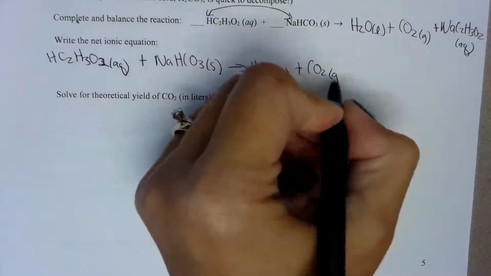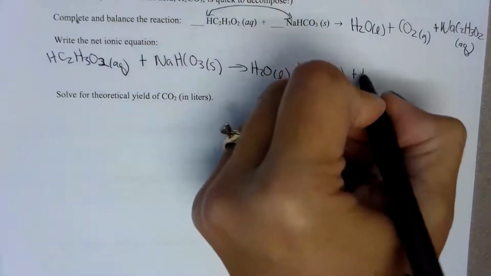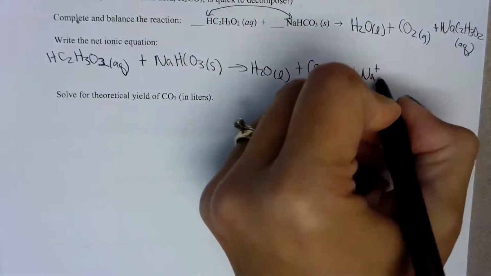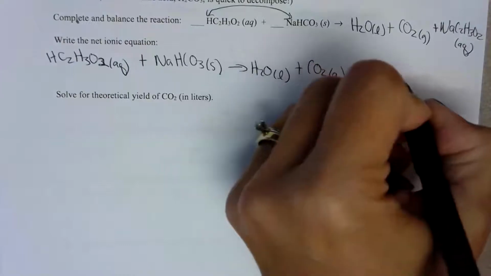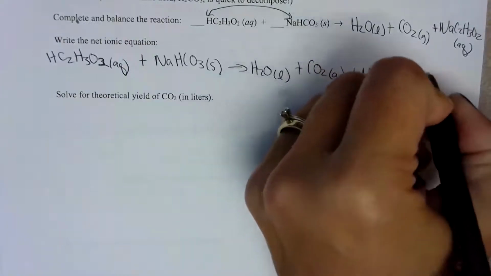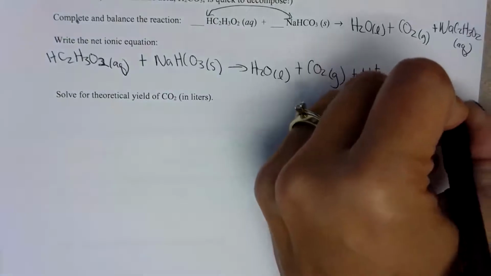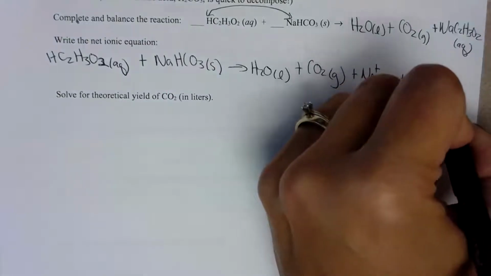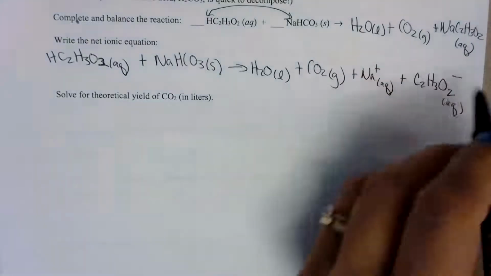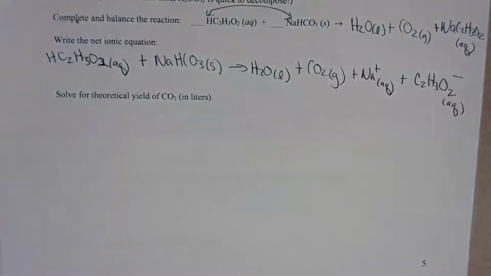CO2 is a gas, so it stays together. The only thing that comes apart is the aqueous sodium acetate. Make sure you include states and coefficients on all of your numbers. There's nothing that cancels out, so the net ionic equation is the same as the complete ionic equation.